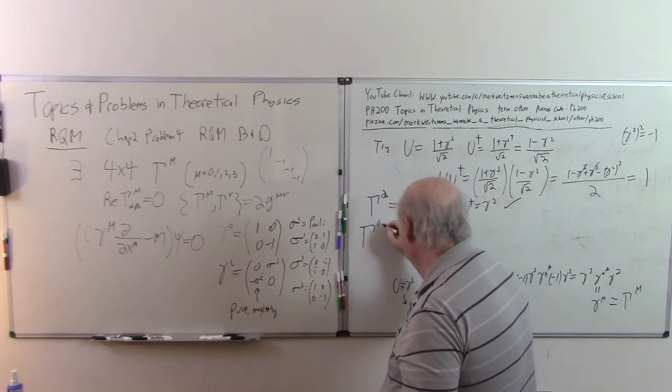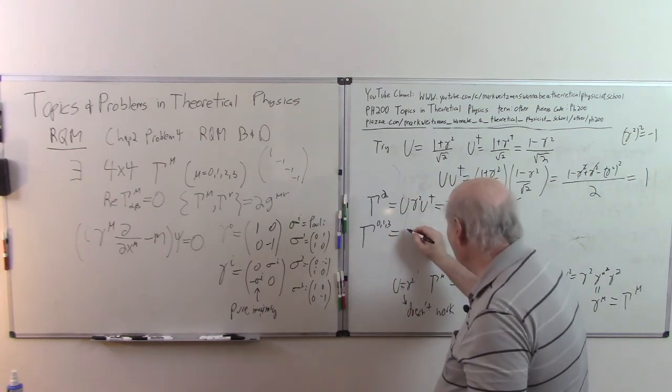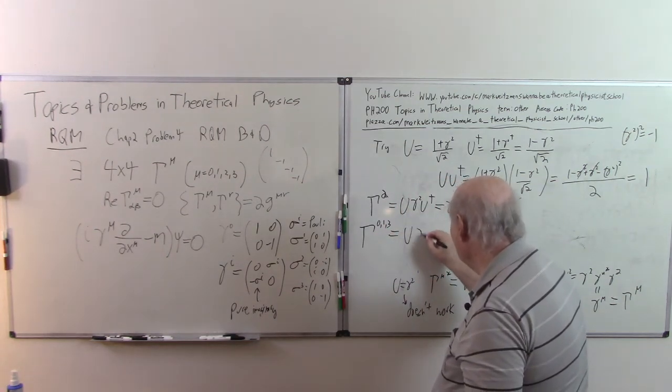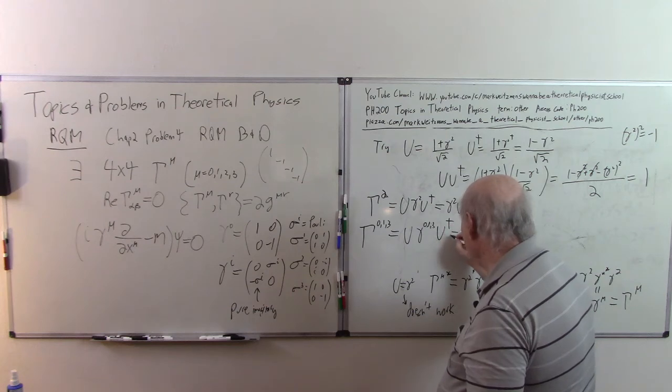Now let's do gamma 0, 1, or 3. This is equal to u gamma 0, 1, 3 u dagger.